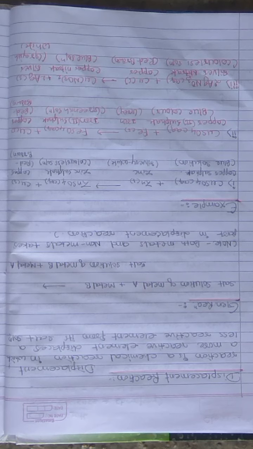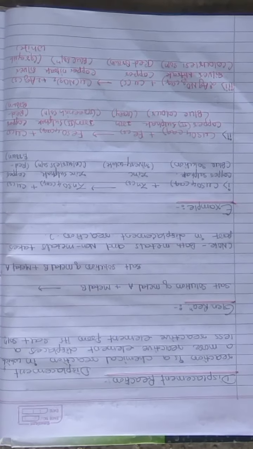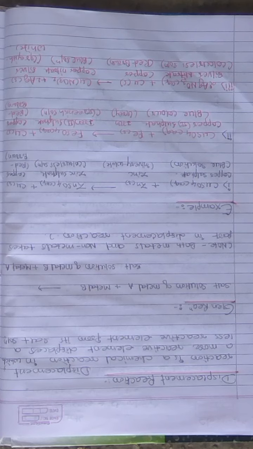We will try to understand a second example, copper sulfate plus iron. Here, iron is also more reactive than copper. We know that the copper sulfate solution is a blue solution.